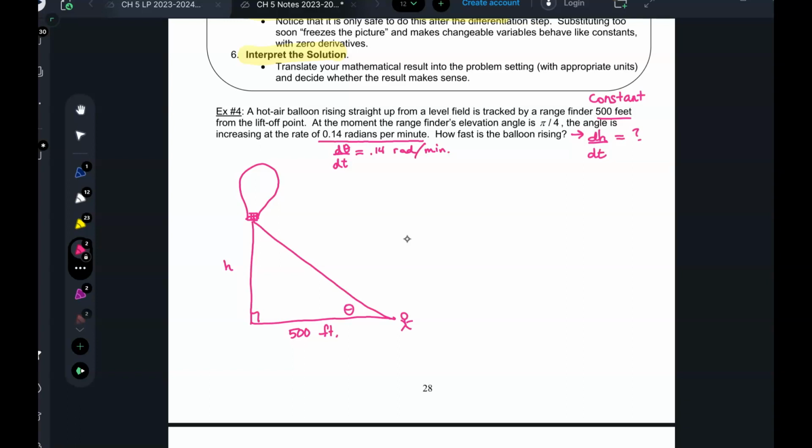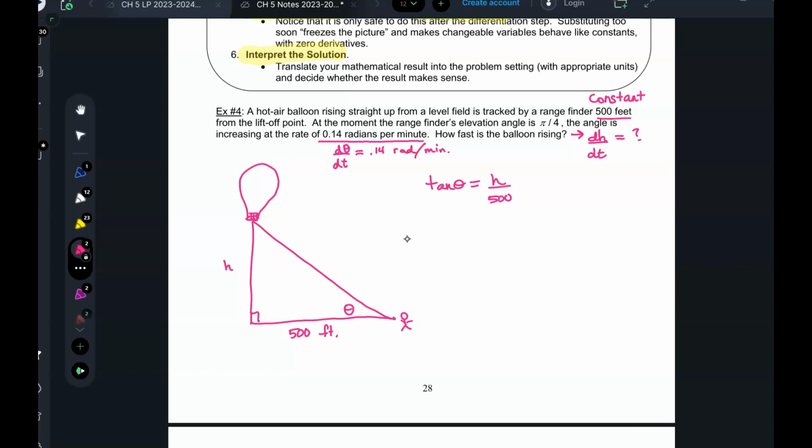This is kind of like the very last one on the other page. What formula do we want to use? Tangent of theta equals h over 500. Wouldn't we multiply 500 by tangent first so we don't have to do a quotient?